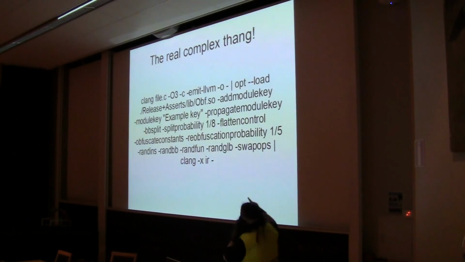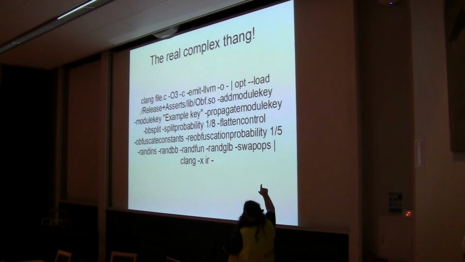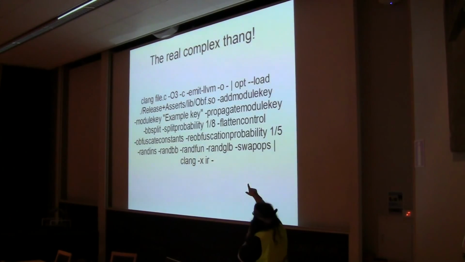But if you check the important part, with opt and the other part, you will see that what we are doing is just adding a module key, which will affect all the elements of the compilation unit. Then we are propagating the module key to the functions. Then we are using some different transformations like split, control flattening, constant obfuscation.